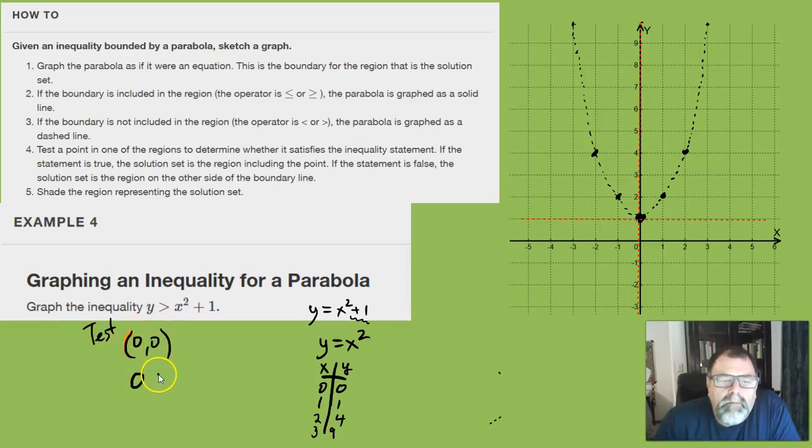Is 0 greater than 0 squared plus 1? Is 0 greater than 1? And the answer is no. False. So if this is false, the other region would be true, and that's what you would shade.